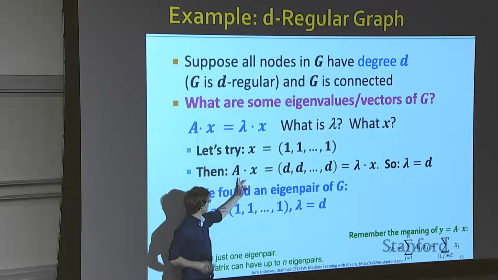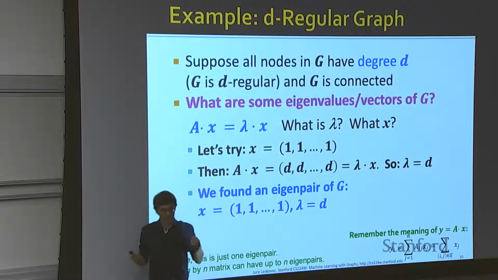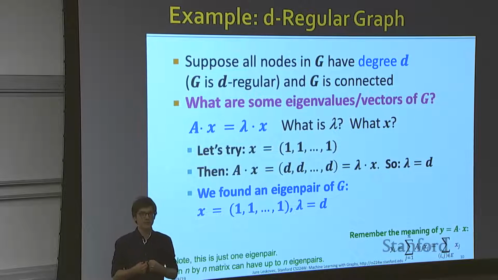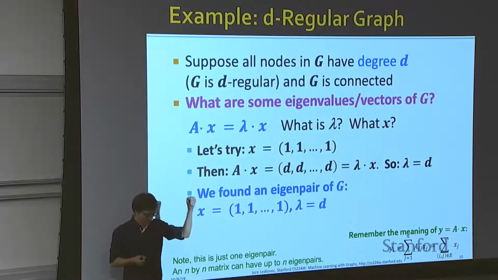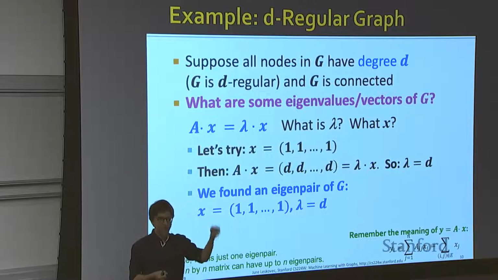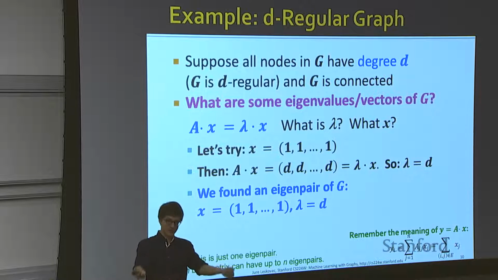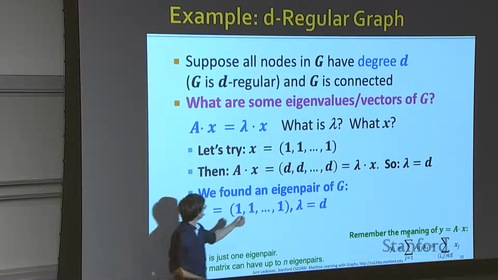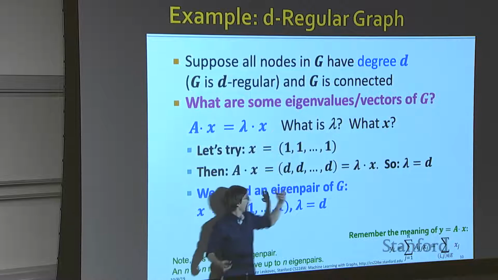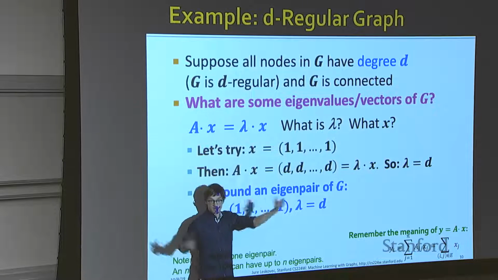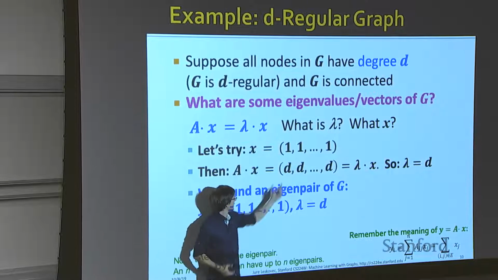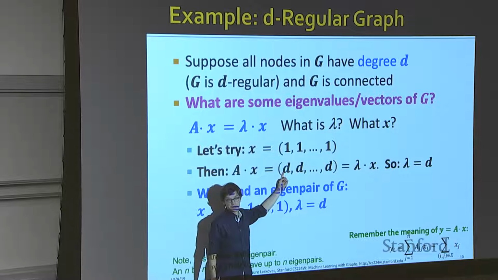Yeah. So you are a d-regular graph, which means every node has degree 4. If each of your 4 neighbors has value 1, and you sum up those values, what's the sum? It's 4, or it's d. So if everyone has value 1, and A times x says you just sum your neighbors' values, then everyone's new value will be d.